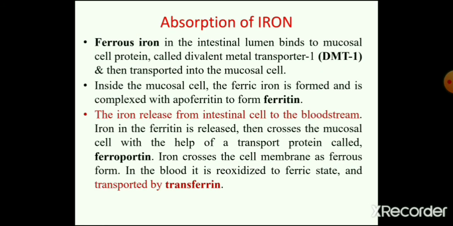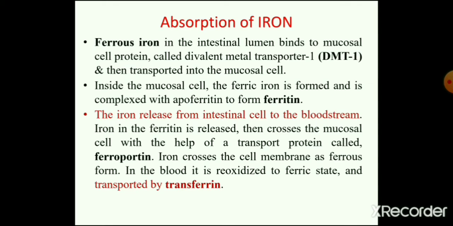Now the ferrous iron in the intestinal lumen. Iron may be present in ferric form in the food, but it is reduced with the help of vitamin C or gastric HCl in the stomach, etc., to the ferrous form. Once ferrous iron is formed, it binds to the mucosal cell protein called the divalent metal transporter 1, and then is transported into the mucosal cell.